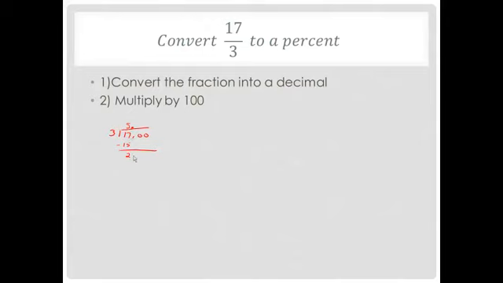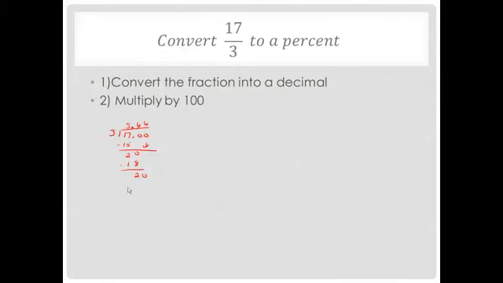And you'll bring this 0 down. 3 will go into 20 6 times. And then 6 times 3 is 18. Subtract. And you will bring the next 0 down. And 3 will go into 20 again 6 times.